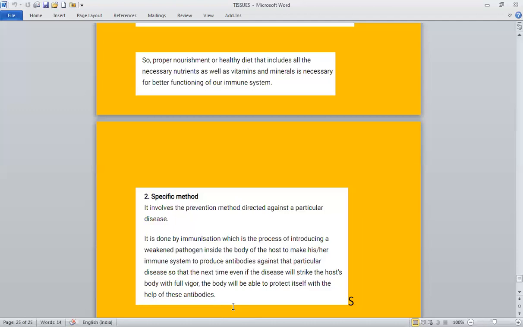Immune system. Our body has an elaborate defense system known as the immune system, and this immune system fights and overpowers the germs entering our body. And you all know that WBCs circulate throughout the body. As soon as a microbe enters the body, these cells increase in number and kill the microbes.